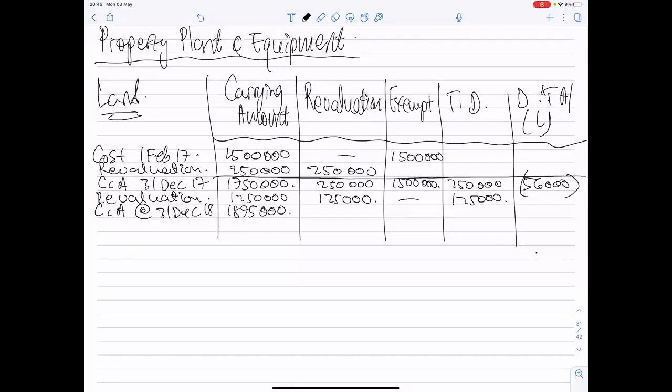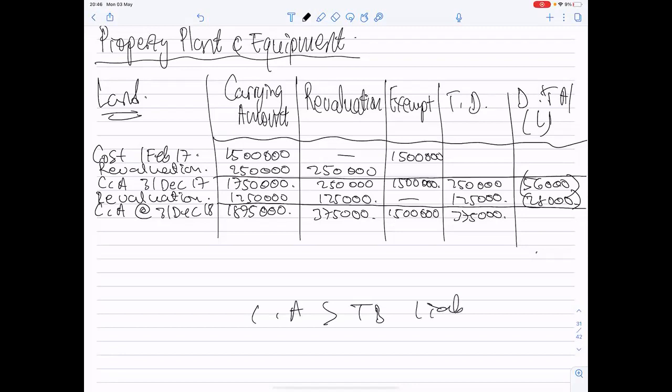Revaluation in total is going to be 250 plus 125. I'm getting 375. Exempt is still 1.5 million. So 125,000 by 0.8 by 0.28 is giving you 28,000 liability. If your carrying amount of an asset is greater than your tax base, it is a liability.